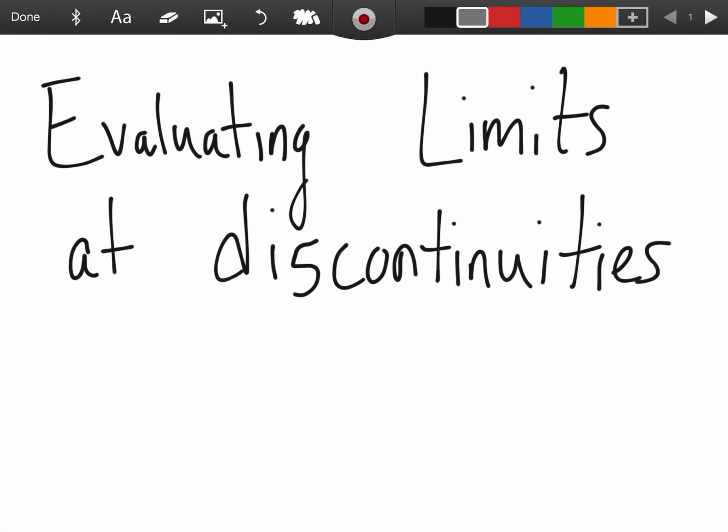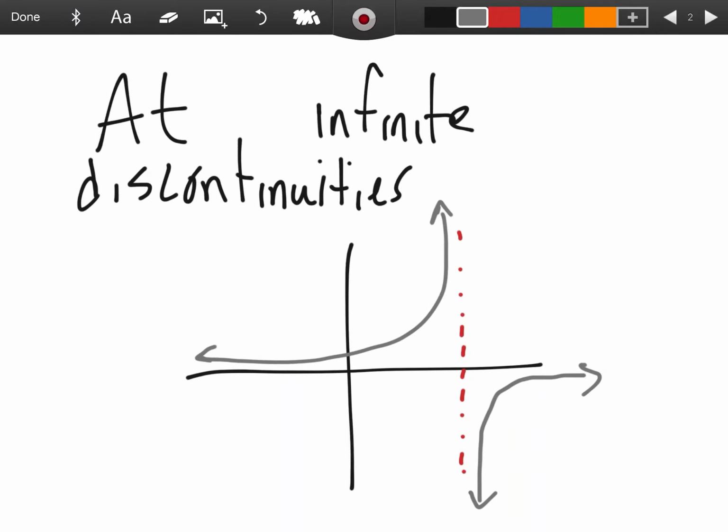All right, in this video, we are going to be evaluating limits at discontinuities, and specifically infinite discontinuities and removable discontinuities, still looking at these rational functions where we have a numerator and a denominator. It's some function with a fraction in it.